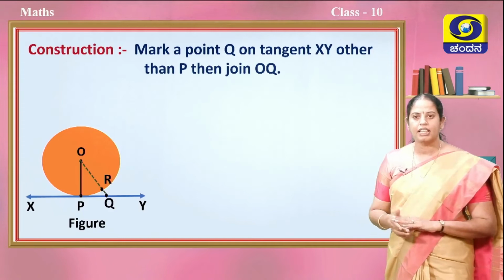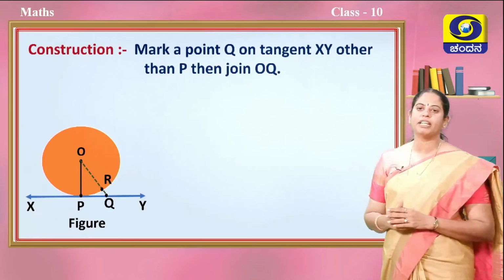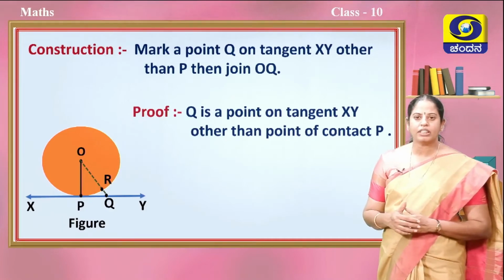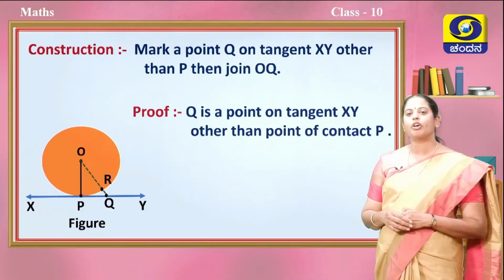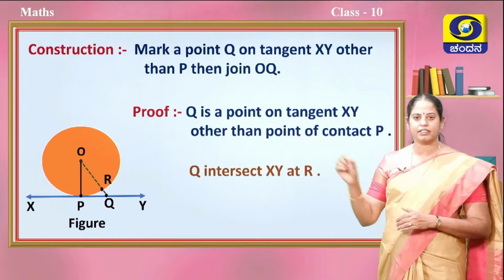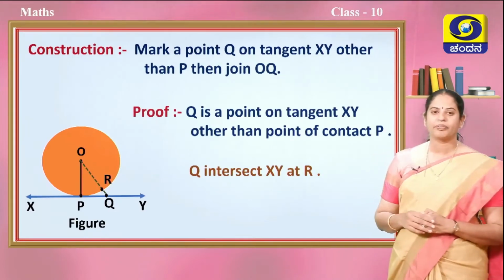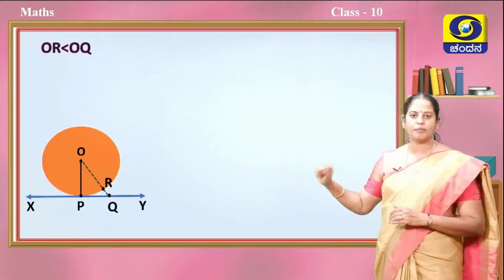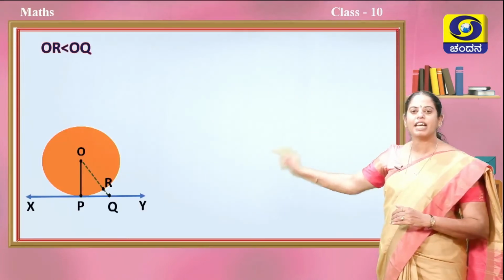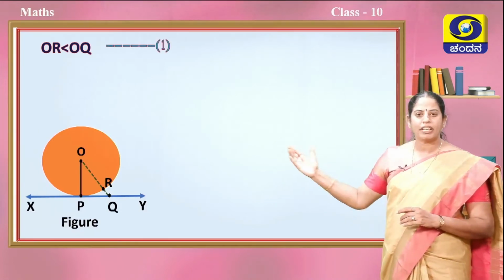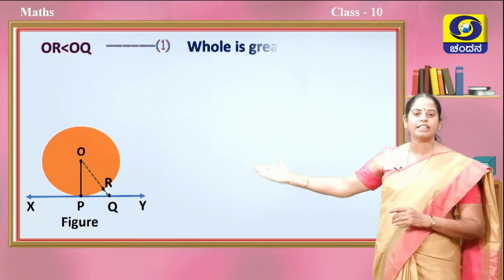Yes. Let us prove this step by step with reasoning. Q is the point on tangent xy other than the point of contact P. That we will write. OQ intersects the circle at R. Now observe OR is less than OQ. Yes, because it is intersecting the circle at R. By observation only we can see OR is less than OQ.